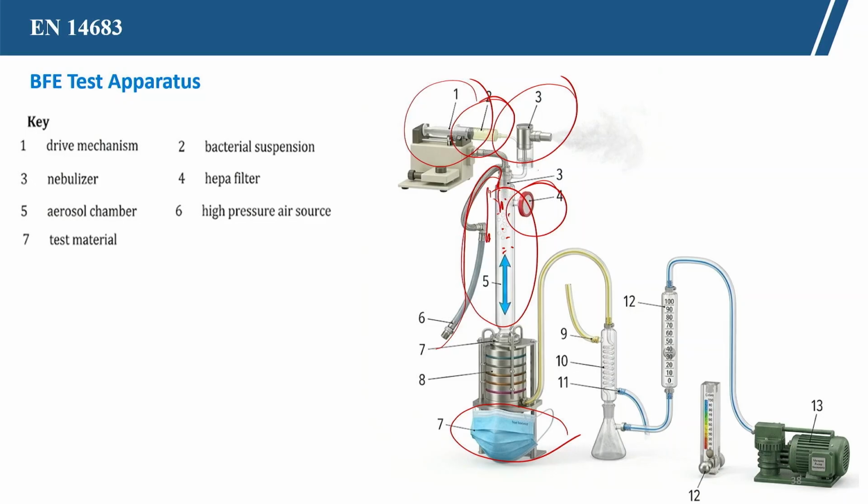This is the test material, in our present case a mask. Then there is the cascade impactor, and 9 is the outlet to the sink hose.